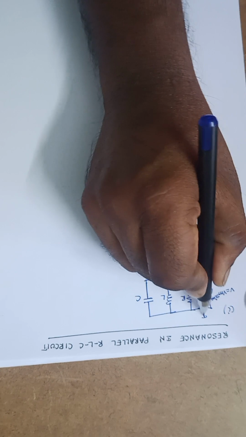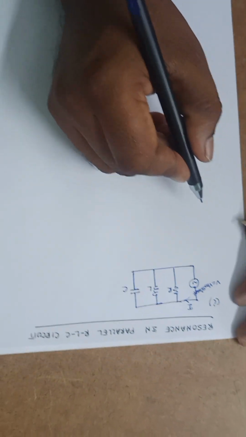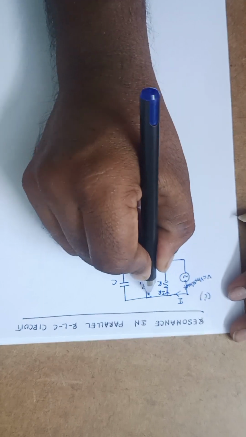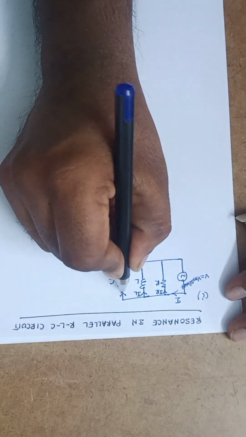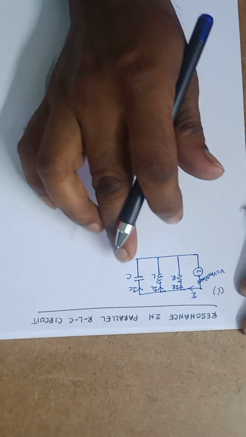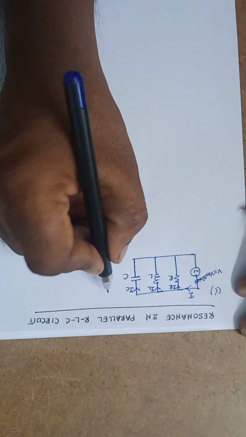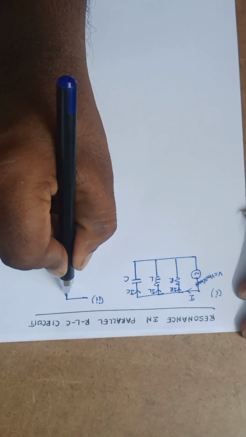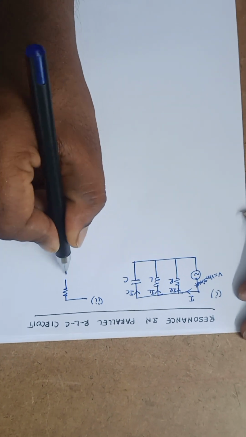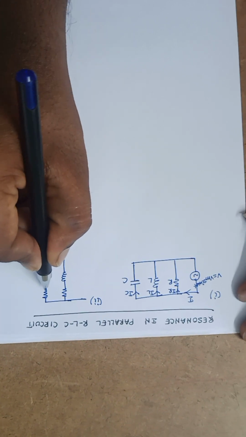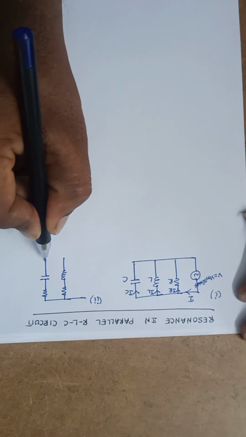The current I will circulate. Some of the current is going like this, let us consider it is IR, some other current IL, and this is IC. It is one of the parallel RLC circuits. The second case here is resistance, inductance, capacitance.